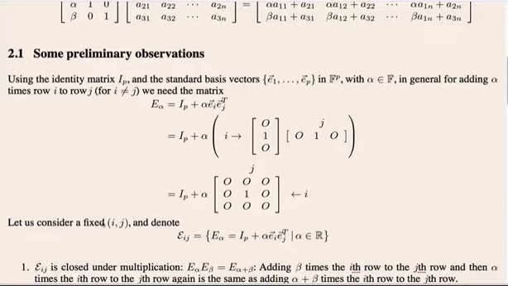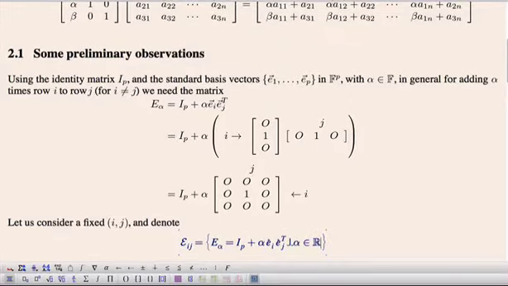So in general, if we have the ij entry fixed, the ith row and the jth column, then we can denote by E_ij all these E alpha matrices of the form identity matrix plus alpha times e_i times e_j transpose, where alpha goes through all the real numbers, or we could have any scalar actually.